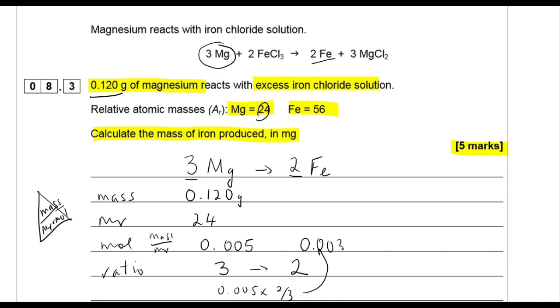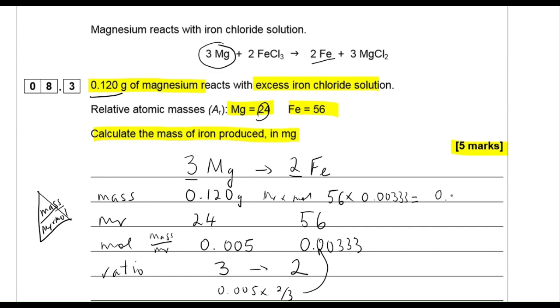0.00333. We can then put in the Mr for iron, the atomic mass of iron, 56, and back to the formula triangle, Mr, moles with the mass on his head. And this time we're going to work out the mass of iron, which is the Mr times the moles, which is 56 times 0.0033. So when you crunch that on your calculator, you get 0.1866.